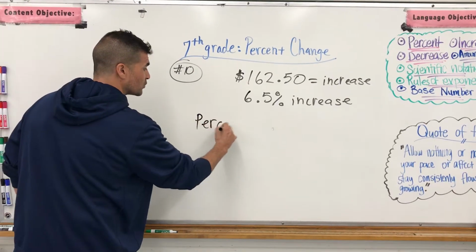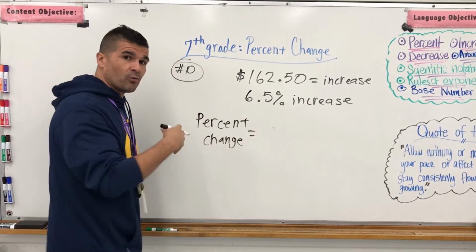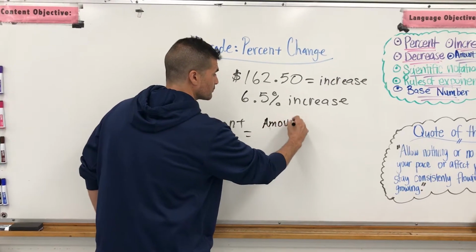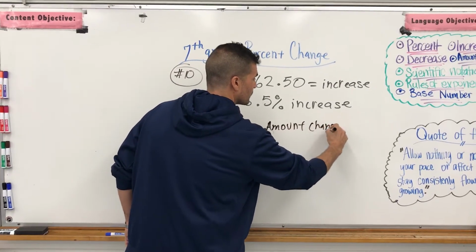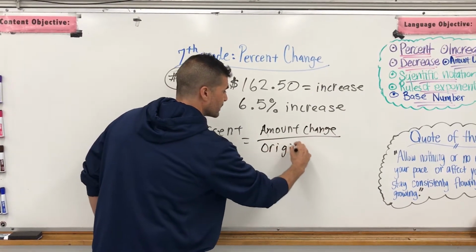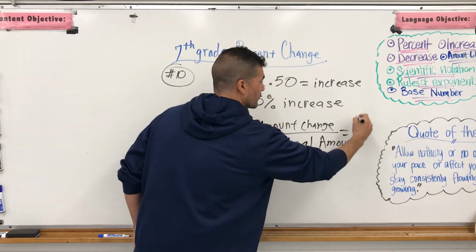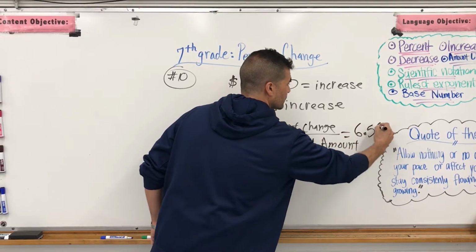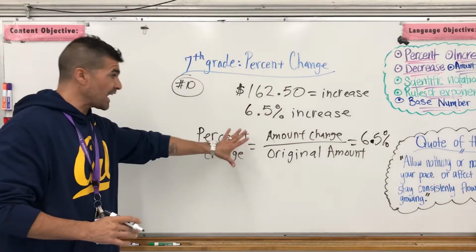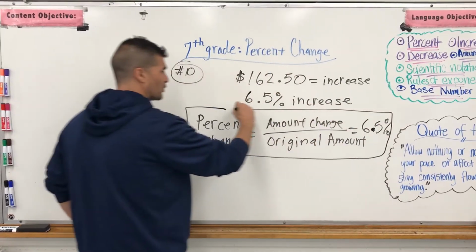The percent change equation states that the amount that changed, if you divide this by the original amount, is going to give you the 6.5%. This 6.5% came from this equation right here. So you actually already know this value right there.